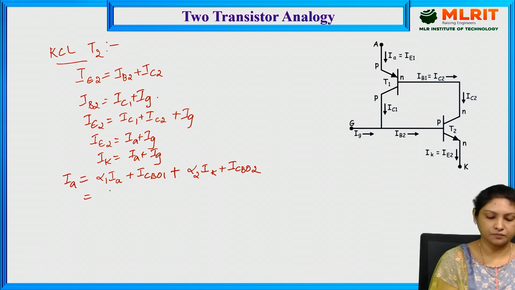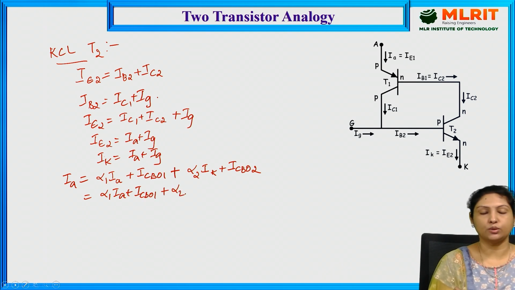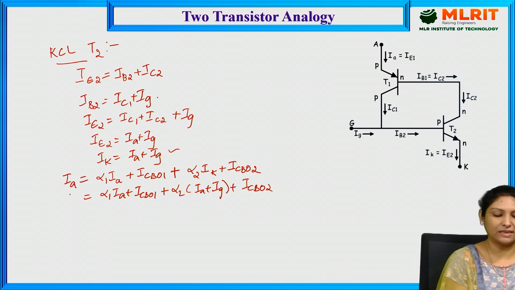Here, alpha 1 into IA plus ICB01, where IK is equal to, here I am substituting this equation IA plus IG. In that case, we get alpha 2 into IA plus IG plus ICB02, which is equal to IA.